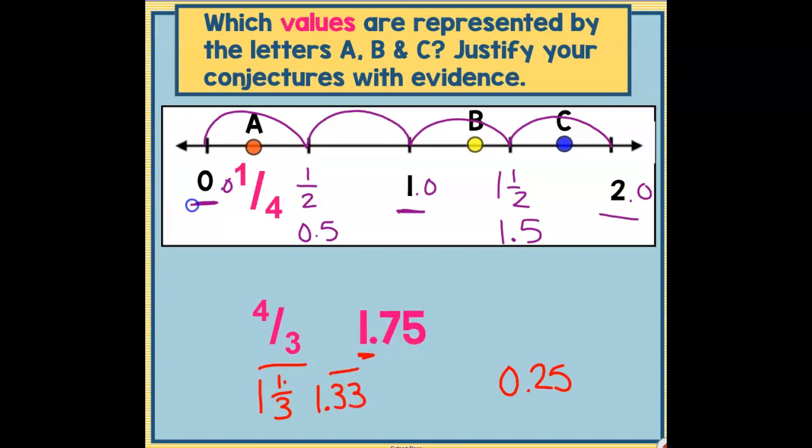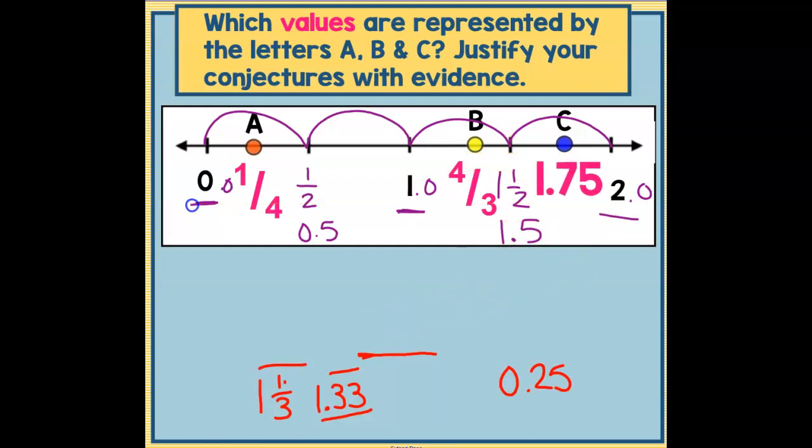So now I've got $1.33 if I think of it like money, and $1.75. Which one is going to be at letter B? Well, my 4/3, because $1.33, or 1 1/3, is going to be less than 1 1/2. And now $1.75, or 1 3/4, is going to be greater than 1 1/2.